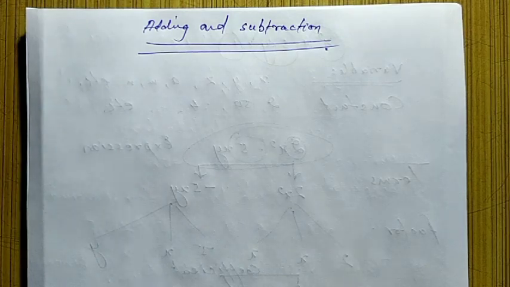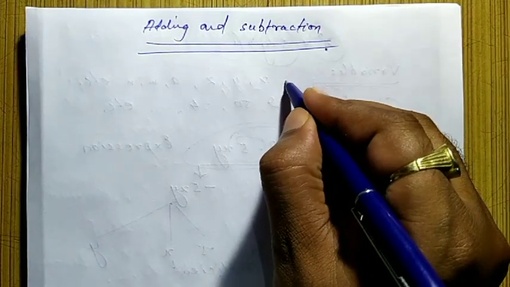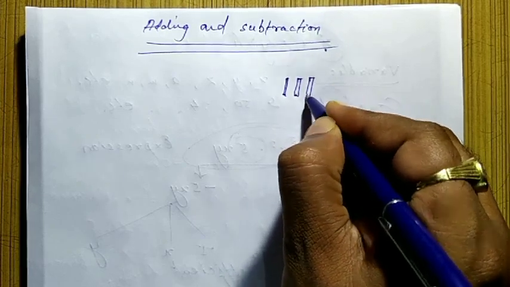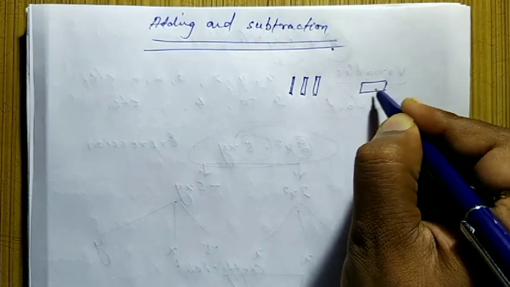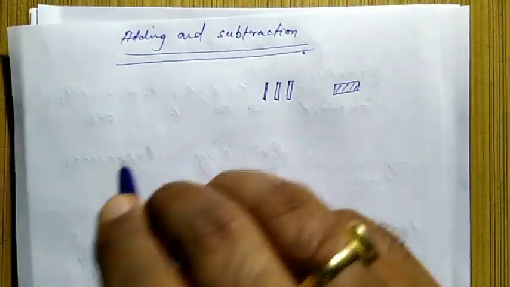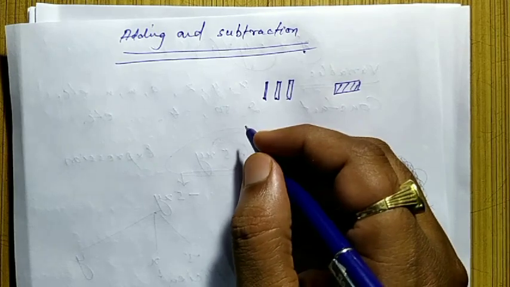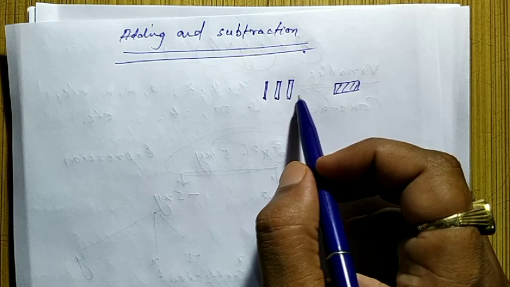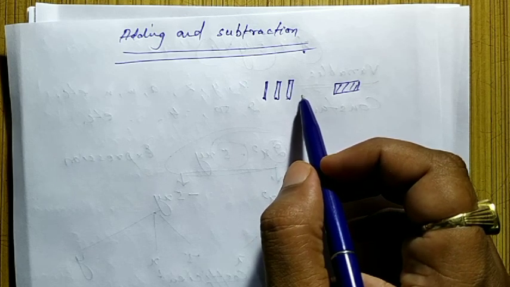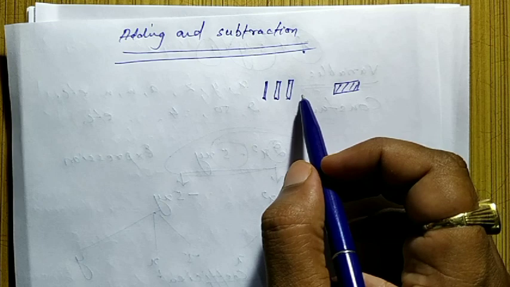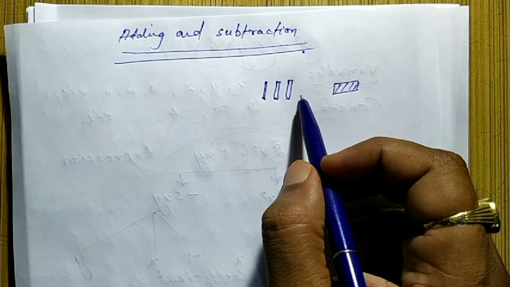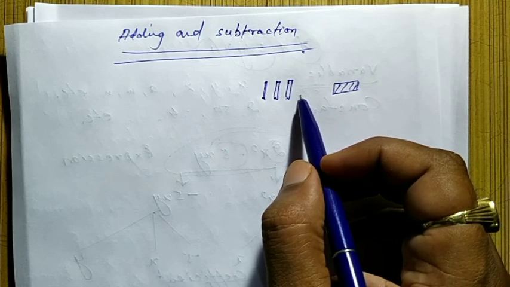Suppose you have three chalks and one duster. If I ask how many chalks and dusters you have, you say 3 chalks and 1 duster.